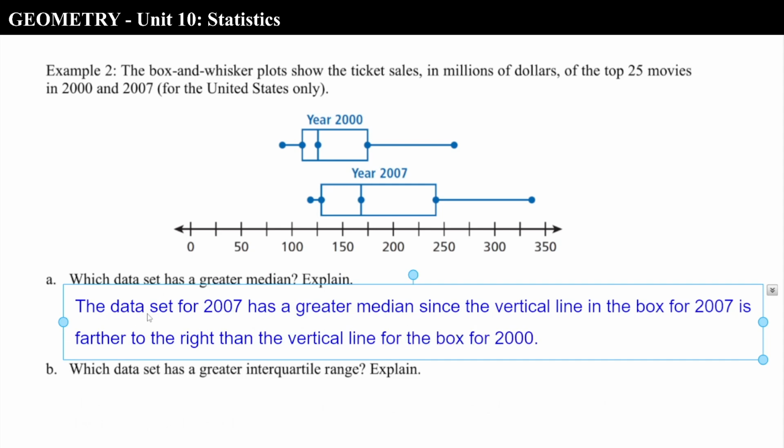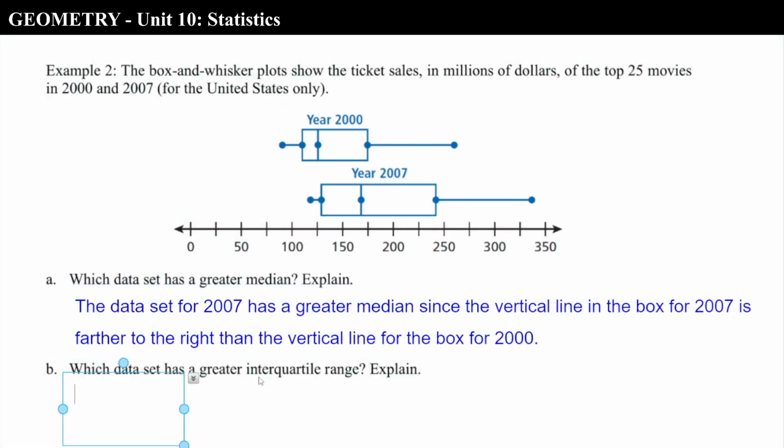Let's explain this. 2007 has the greater median because here's the median right here in the middle, and it's farther to the right than the median here. Therefore, since the vertical line for 2007 is farther to the right than that of 2000, 2007 has the greater median.